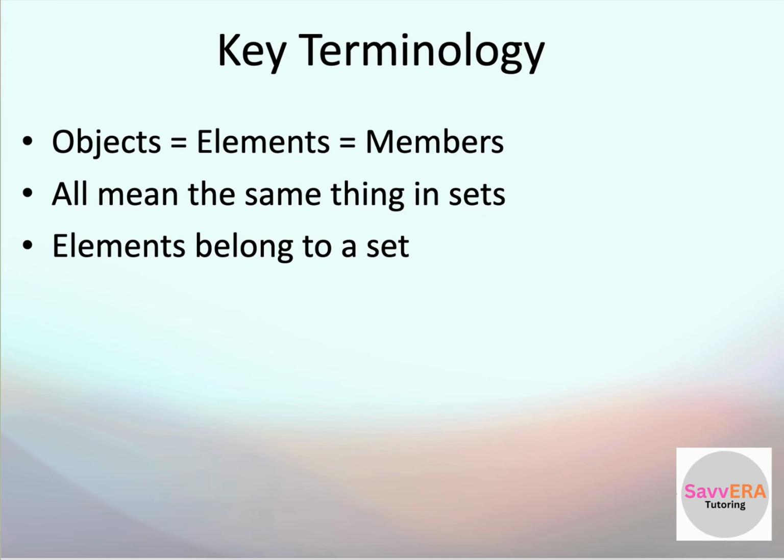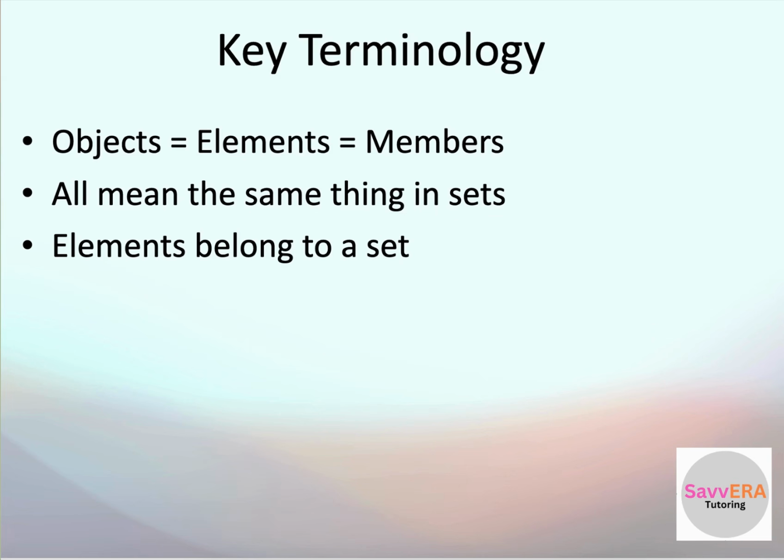Next, there are key terminologies that we need to understand that are used throughout the book. So it's in your best interest to know these terms right away and be familiar with them. Objects is the same as elements, which is the same as members. So all these terms mean the same thing.